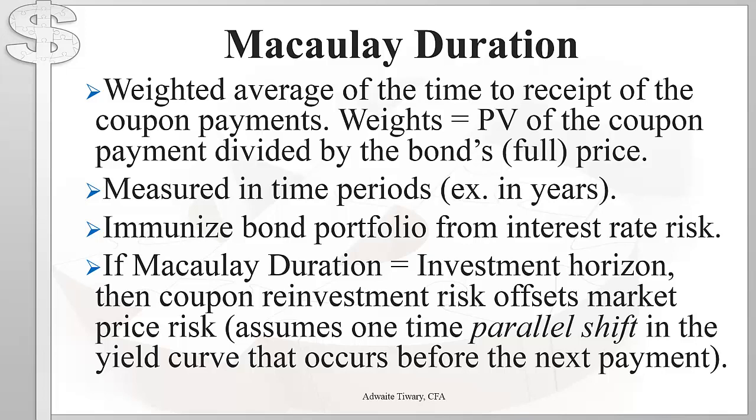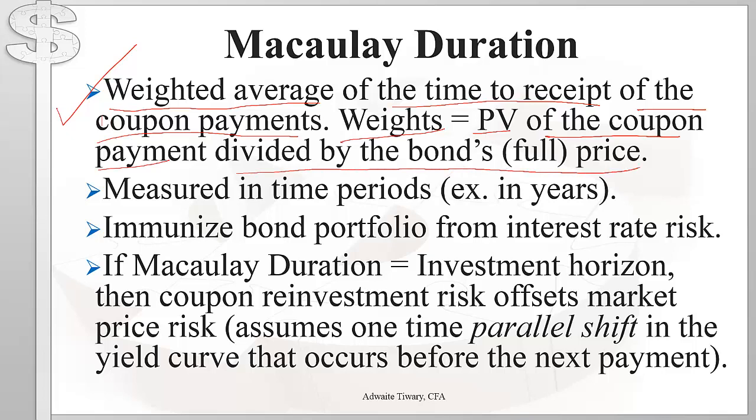Let's look at Macaulay duration now. Macaulay duration is simply a weighted average of the time to receipt of the coupon payments of the bond. The weights in the weighted average are simply the present value of the coupon payments divided by the bond's full price.